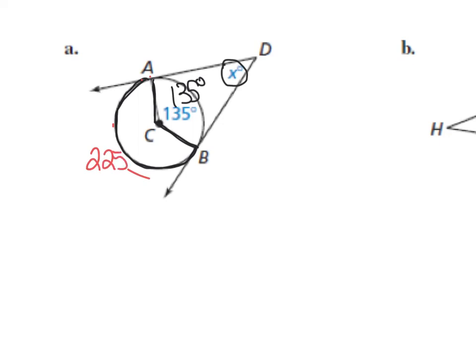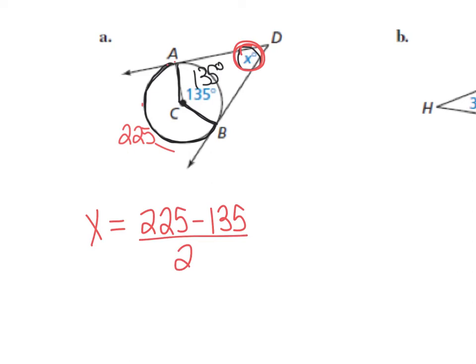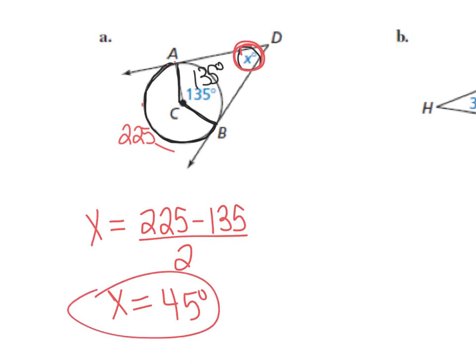And using what we learned, I know that my angle X, whatever this angle is, I'm going to subtract my big arc minus my smaller arc and divide by 2. So if I take 225 minus 135 and divide by 2, I get my angle out there is 45 degrees.